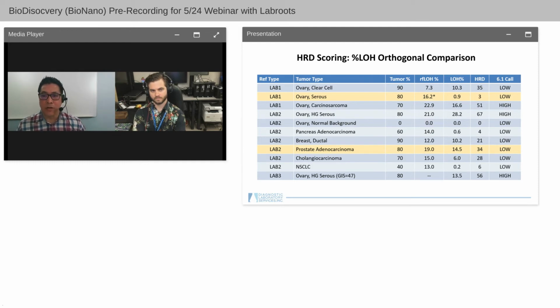And so this was called high at 16.2, and our HRD scores were 3. And the other one was the prostate adenocarcinoma, which had a high LOH at 19%, and our HRD call was low, 42 being our cutoff.